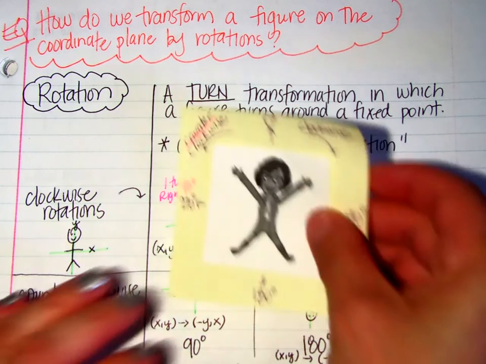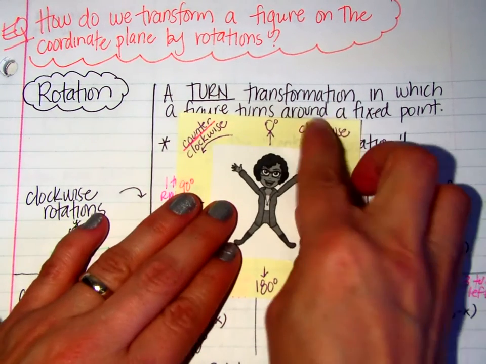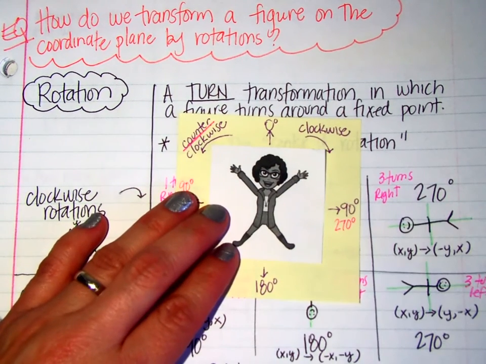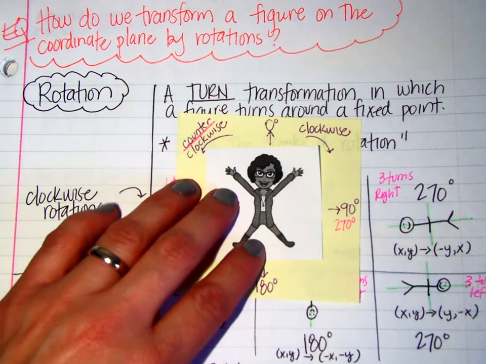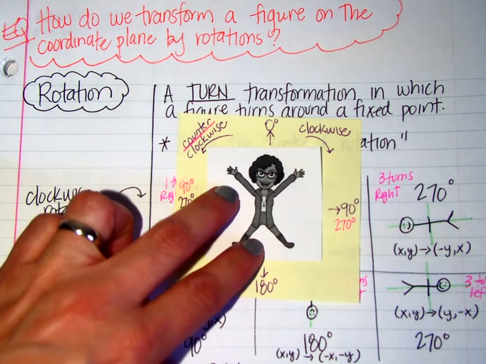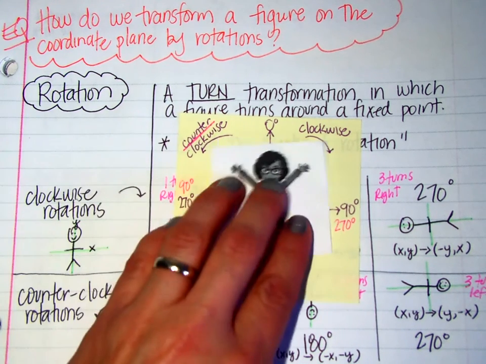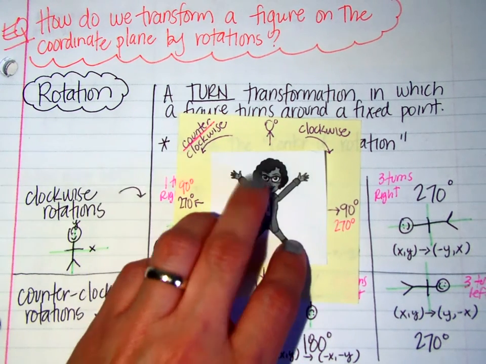Okay, so just to give you a little visual, we're going to be rotating either clockwise or counterclockwise. Clockwise is the way of the clock, and counter is against the clock. Now we're going to be doing these in 90-degree segments. So from here, pretend that I'm standing here.